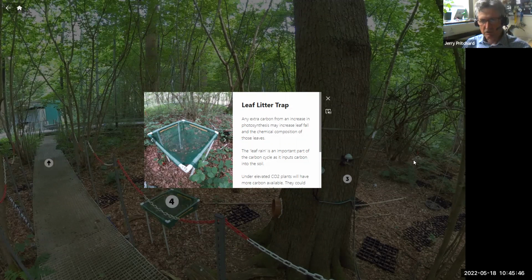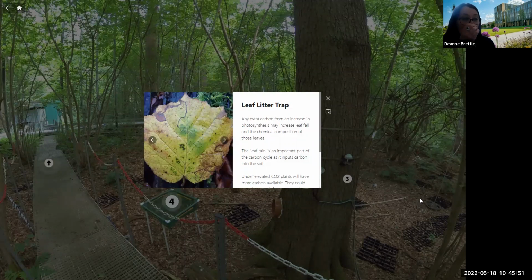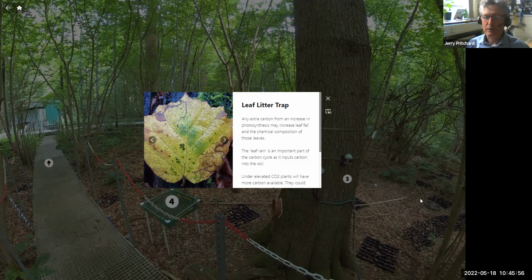Yeah, and one of the things that's interesting here is, if here's a picture of a leaf, you can find an exercise in one of the education links on whether leaves become more or less infected by fungus, which is a major pest of plants, as you might know if you're a gardener, under elevated CO2 or not. And this is a shot of a leaf where you can see the trails there. That's an invertebrate leaf miner, which gets in between the epidermis of the leaves and eats it from inside while remaining protected.